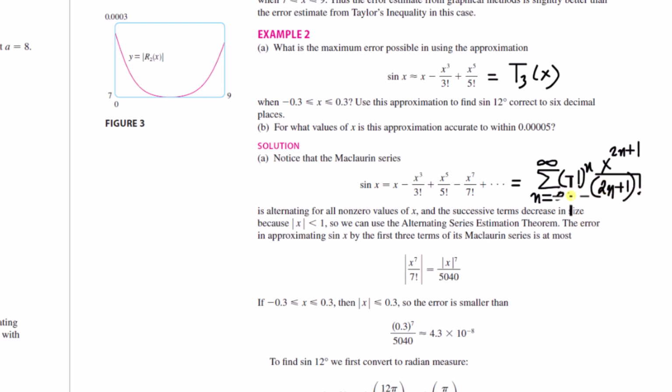The first thing that's confusing is that when n is equal to 0, we get x. But it's not like if we want to get to the second term, we plug in n equal to 2 and skip an n. No, we go to n equal to 1, and we get the second term, x cubed over 3 factorial. Then we go to n equal to 2, we get the third term.